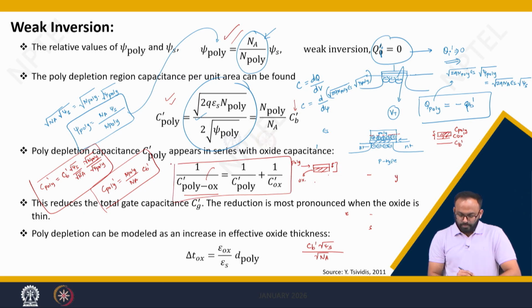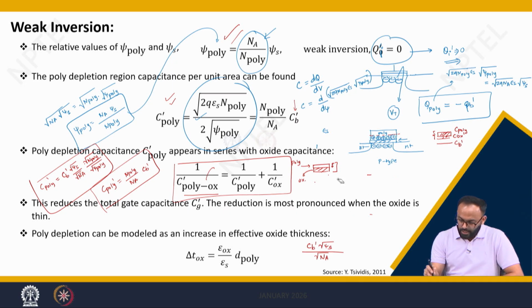Now, can we comment on the effective oxide thickness? As we know, the polysilicon depletion increases the effective oxide thickness, because when the polysilicon layer is depleted, the capacitance reduces, and hence we can say the effective oxide thickness increases. How can we do that?